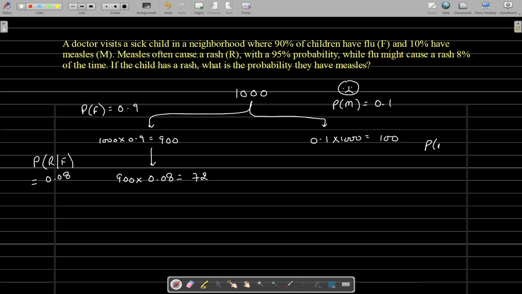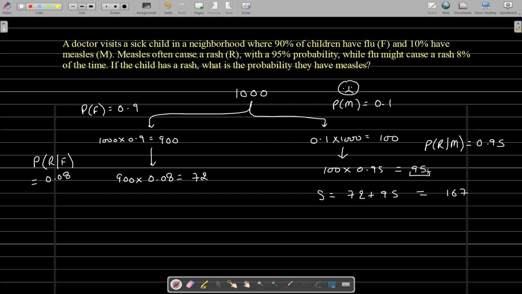Now, the probability of a rash given measles is 0.95, which means the number of kids who have a rash and have measles is 100 times 0.95, which is equal to 95. So, our sample space is 72 plus 95, which is equal to 167.